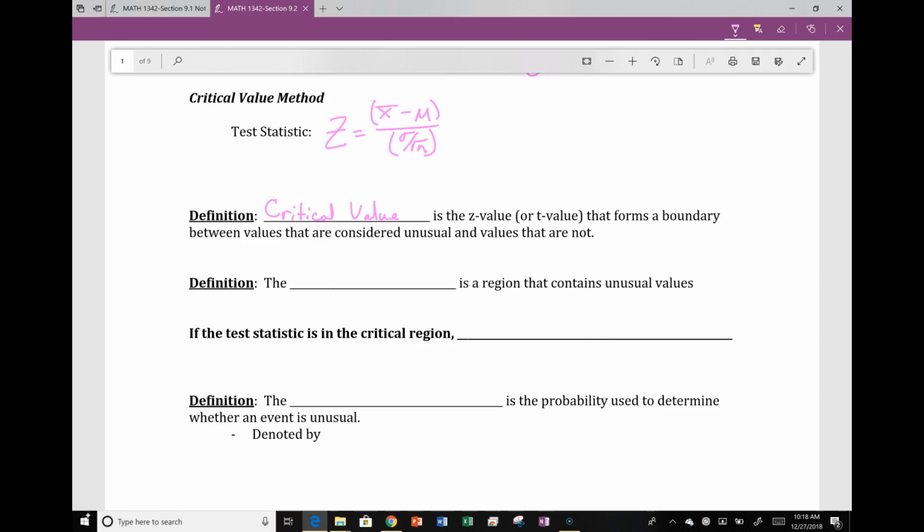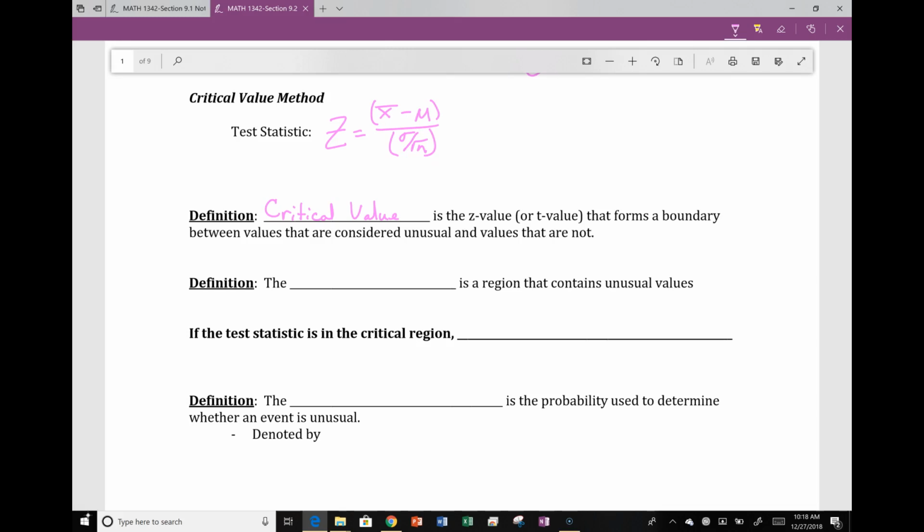Well, back in our probability sections, anything with a probability of less than 0.05 was considered unusual. In our cases with hypothesis testing, anything that is less than our alpha or our significance level will be considered unusual.